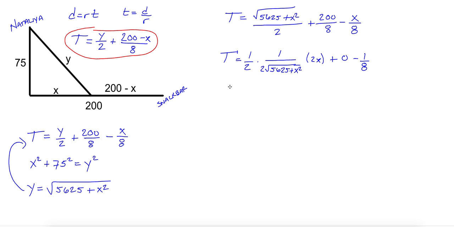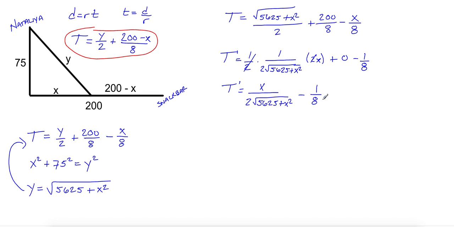If we clean that up a little bit, t prime is equal to, let's see, the 1/2 and the 2 would cancel. That's going to give me x over 2 times the square root of 5625 plus x squared, minus 1/8.